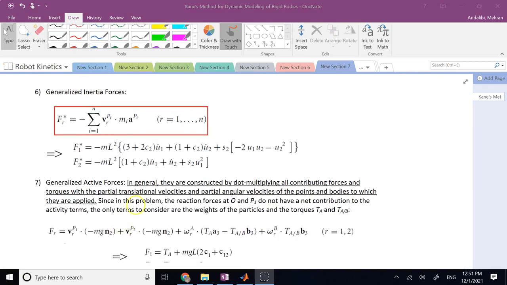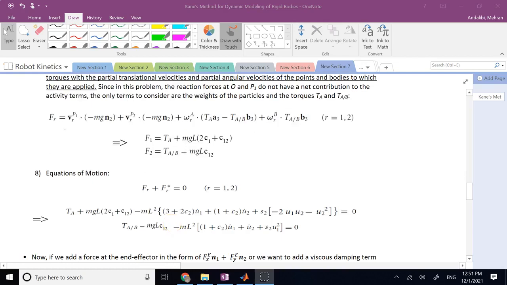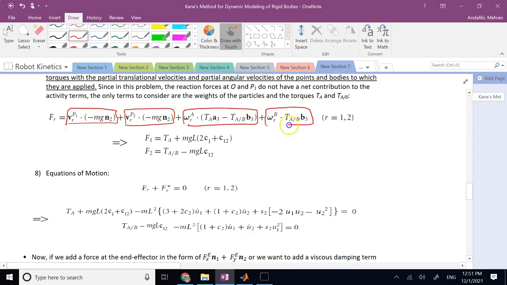So if we go down here, you can see these four terms, right? This one, this one, this one, and this one. So they are all clear. The only thing I might need to explain is here, why is it that omega A dot producted with TA minus TAB, not just with TA?